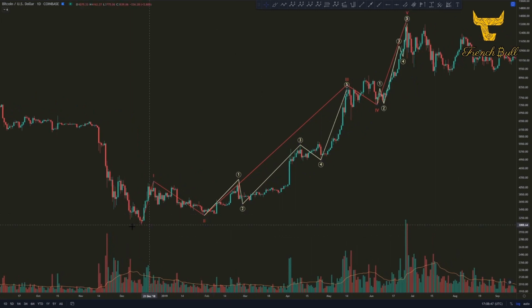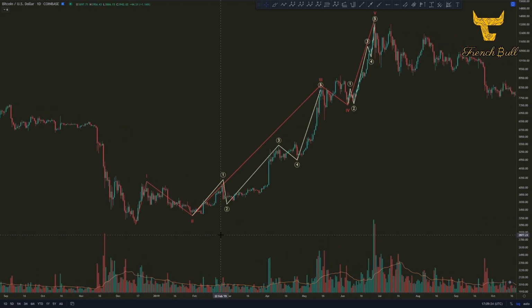It can be lower as long as it doesn't go below the start of wave 1, of course. And eventually a low is put in because the initial movers, the larger interest that initiates this new trend, are defending the position with resting bids. And the people selling here are mostly retail looking for the trend to continue down.